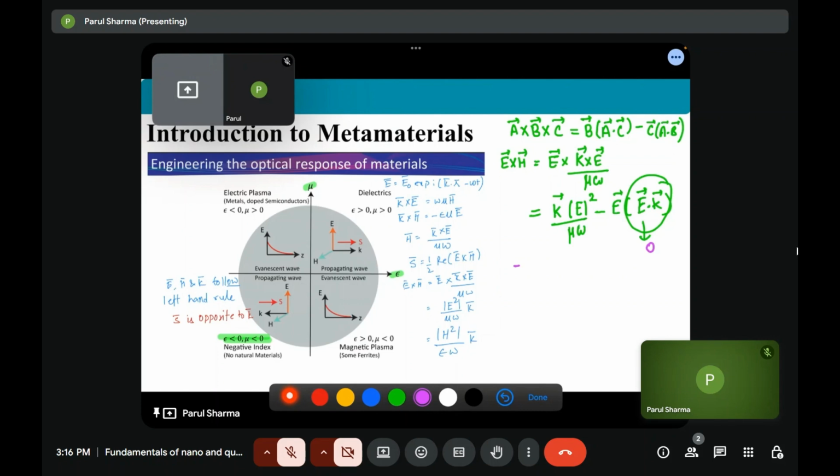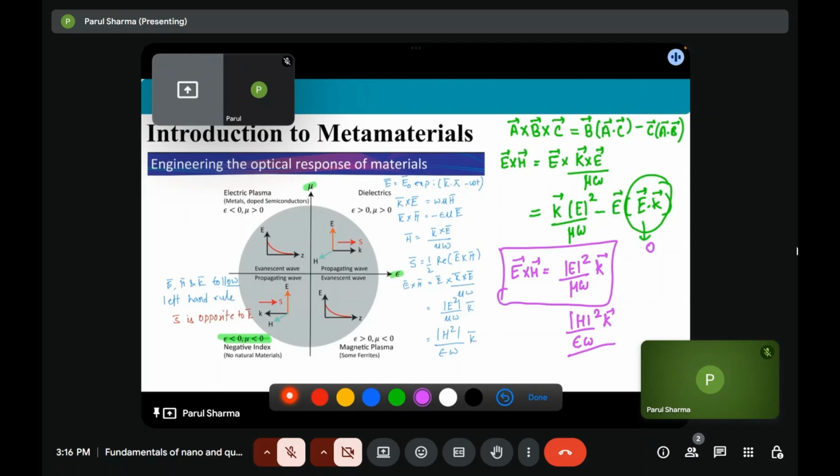So what we got, E cross H is equal to E mod square by mu epsilon. And similarly, we can write the same term for H mod square upon epsilon.